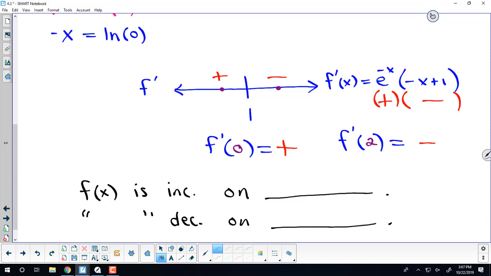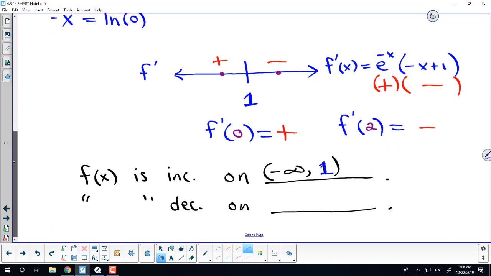So where the first derivative is positive, the original function is increasing. Make sure you go up to that zero of your first derivative here at 1. We're always partitioning that number line, if you will, involving the first derivative by the zeros you obtained for the first derivative equaling 0.